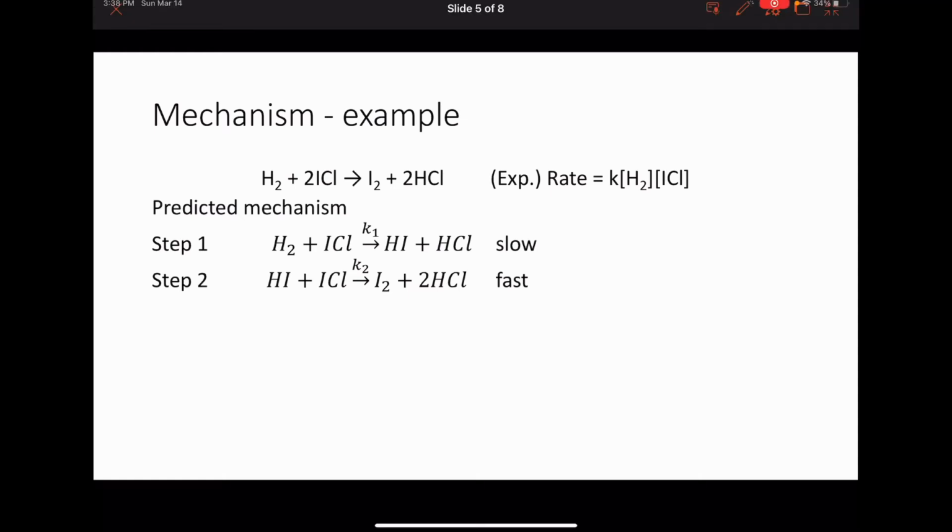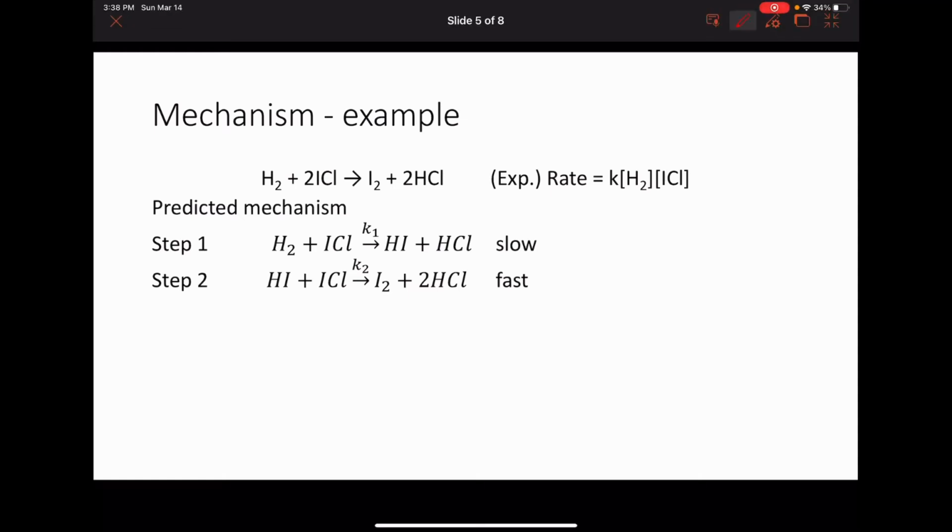And then we're going to break this bond to make these two bonds in the first step, okay? So that is a slow process, and there's two of, or sorry, actually it's not two of those.